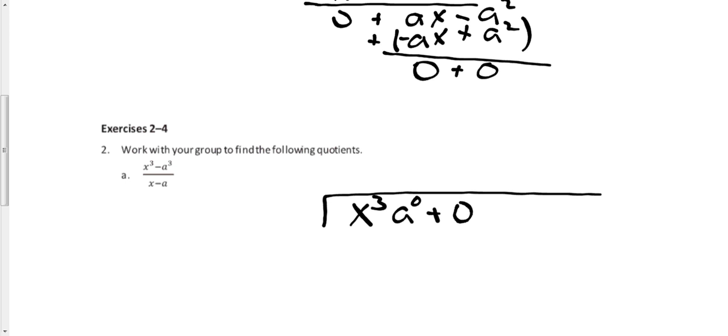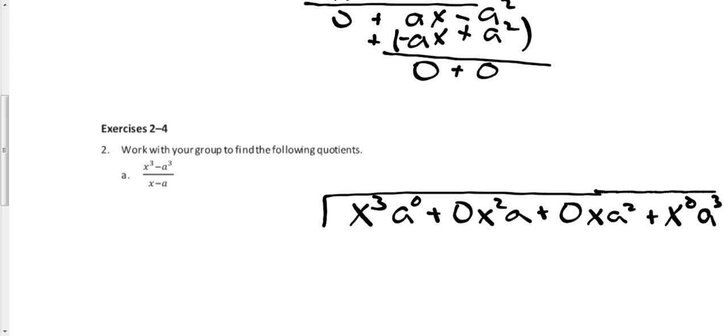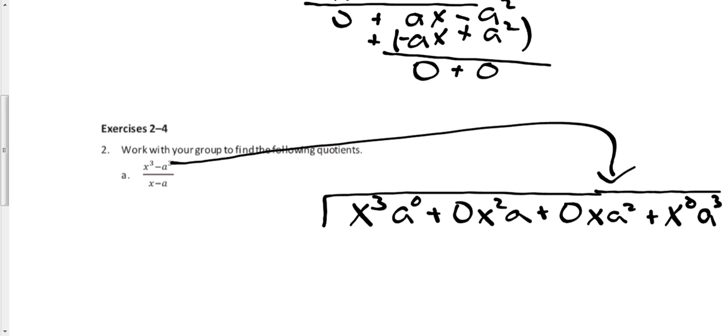Plus 0 x squared a plus 0 x a squared plus x to the 0. There it is. This guy here is that guy right there.